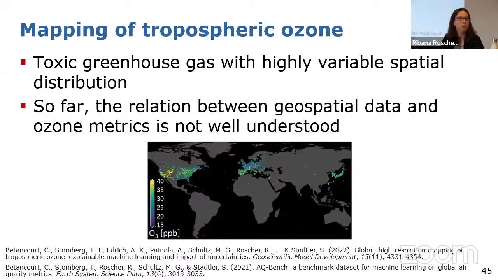So we tried a new method called Shapley values. Here I can recommend to have a look. This is the dataset if you also want to try it out, the AQ-Bench dataset.